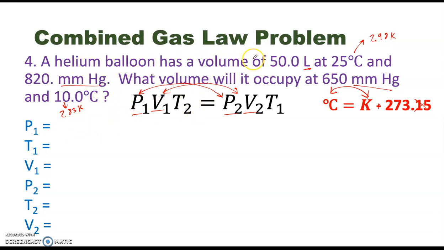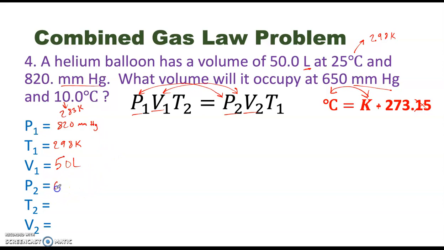So it says it has an initial volume of 50 liters. So we're going to go ahead and fill this out, 50 liters. The initial temperature is 298 Kelvin. When you do Kelvin, it's not degrees Kelvin, it's just Kelvin. There's no degree symbol for Kelvin. The initial pressure was 820 millimeters of mercury.